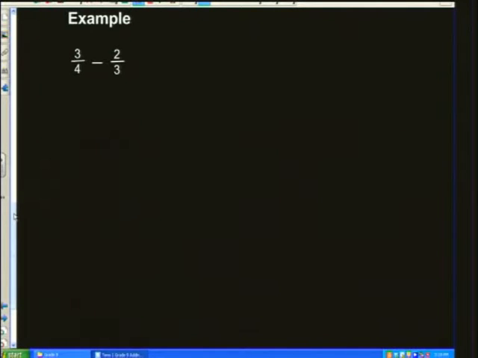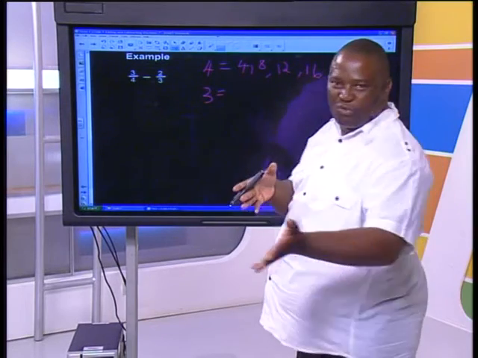Let's start with common multiples. Multiples of 4 are 4, 8, 12, 16. Then multiples of 3. Someone is asking me if they have to follow a particular sequence.